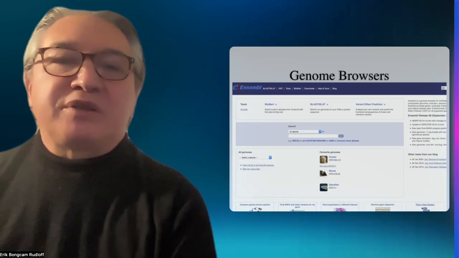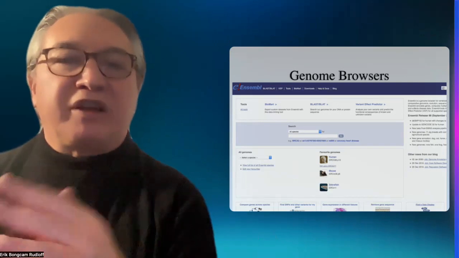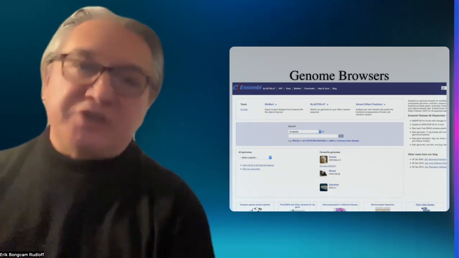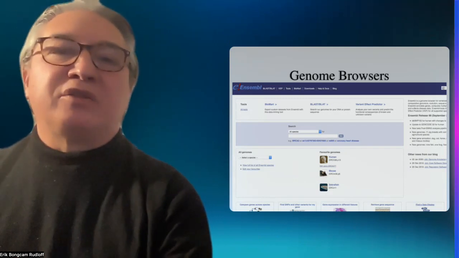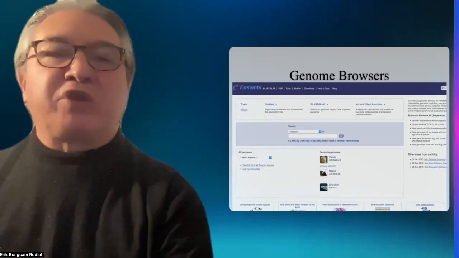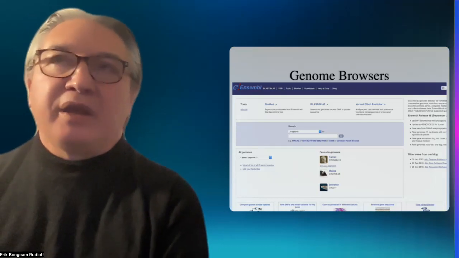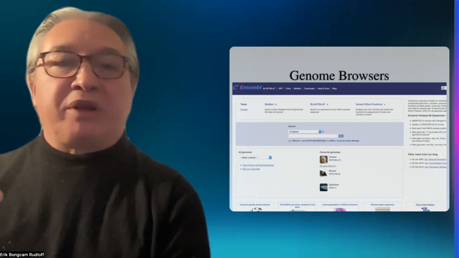So the genome browser that you're going to use for an exercise later on by yourself, you have 3 days to do this, is Ensembl. And the reason I chose this for you is because it's the one that has not only mammalians concentrated in humans, but also has plants. Now, there are many plant projects that have their own genome browsers.